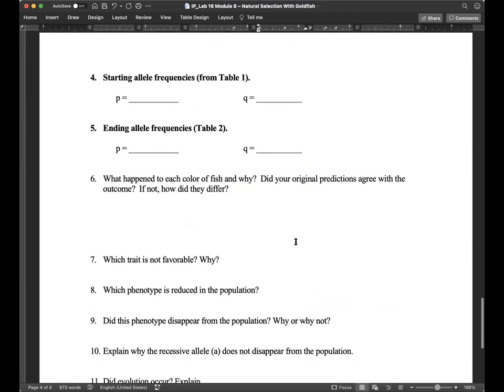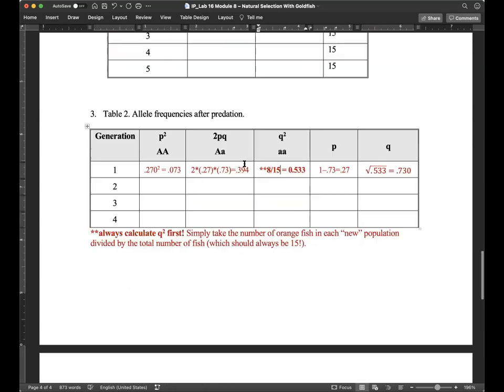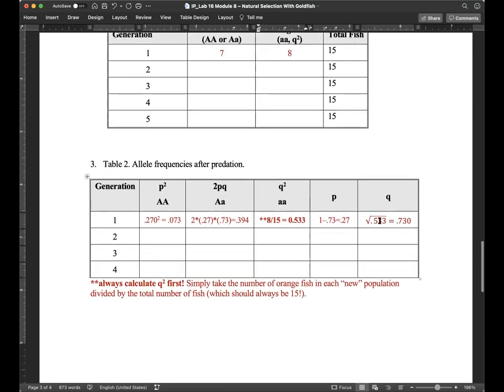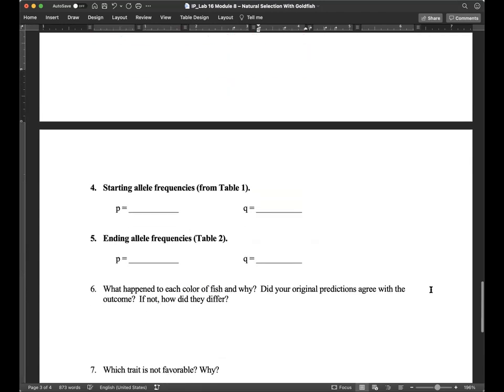After you do that, I have a place for you to put your starting allelic frequencies, which are going to be what I calculated in the first row here. So 0.27 and 0.73, those will be your starting allelic frequencies. And I want you to put the ending ones right below them, just so you can make a really quick and easy comparison when you get done with this little experiment and answer your questions more easily down here. At the end of all this, you're going to say what happened to each color of fish and why.